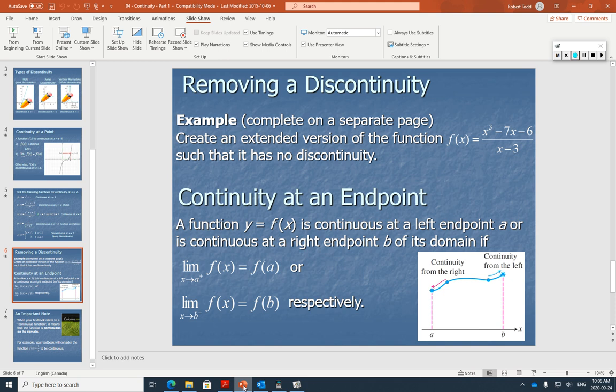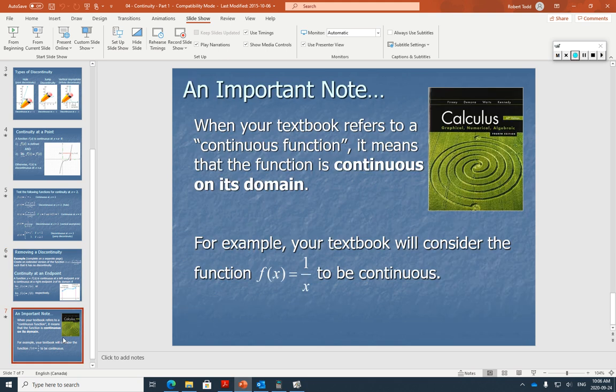And an important note about your textbook: they think of it as if you've got a continuity problem that's also a domain error, then they say, well, it's not a continuity error. It's a domain problem. You know what I mean? So they make that distinction. So when you're doing homework, just be aware of that.